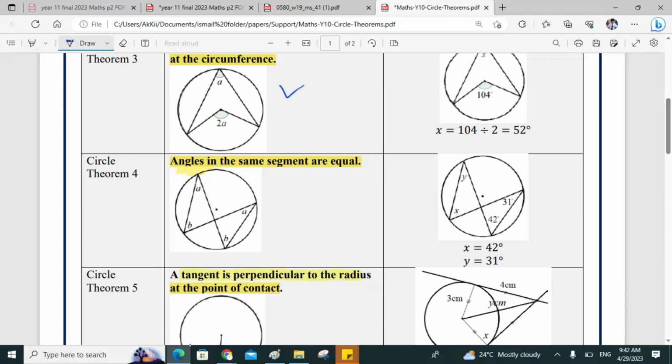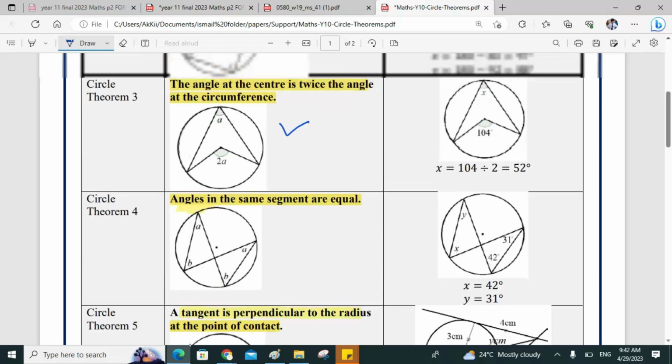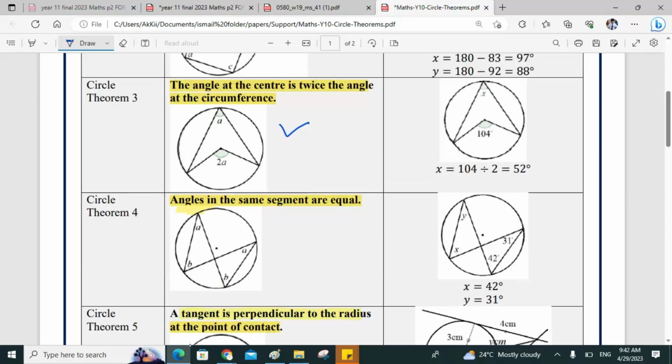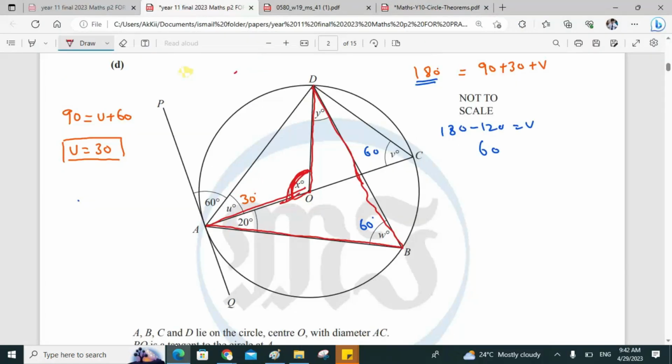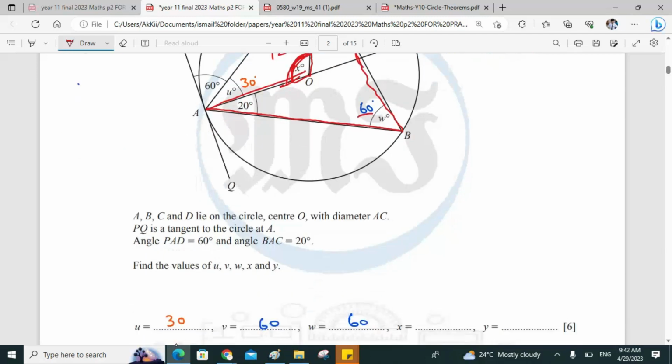It says that the central angle is twice this angle, right? So do you know the sector angle here? Yes, you know the sector angle. The sector angle is 60 degree. So this angle must be 120 degree, double that. And what about y?